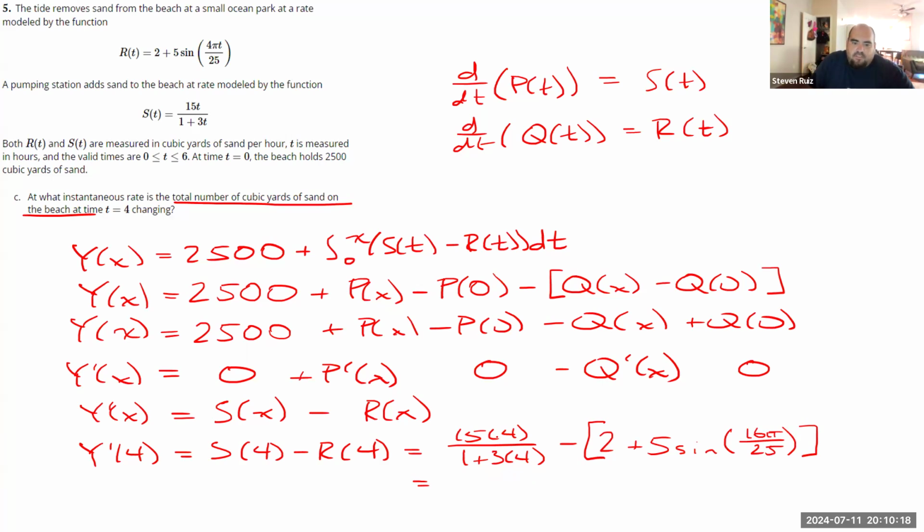So let's get an approximation of this. So 60 over 13 minus 2, 26 over 13, minus 5 sine 16 pi over 25. Give me a second to go to the calculator.